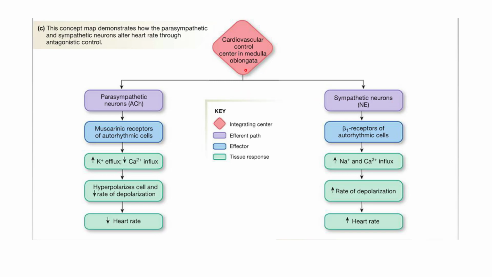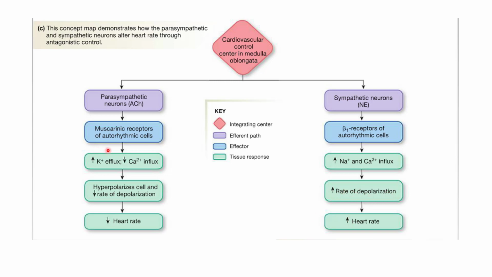All of this is controlled by our cardiovascular control center in the medulla oblongata of our brain. Whichever side we're using, sympathetic or parasympathetic, this is basically what's occurring. With the sympathetic, we increase either sodium or calcium influx into the cell, which depolarizes it a little quicker, so the rate of depolarization is higher and we have a higher heart rate.